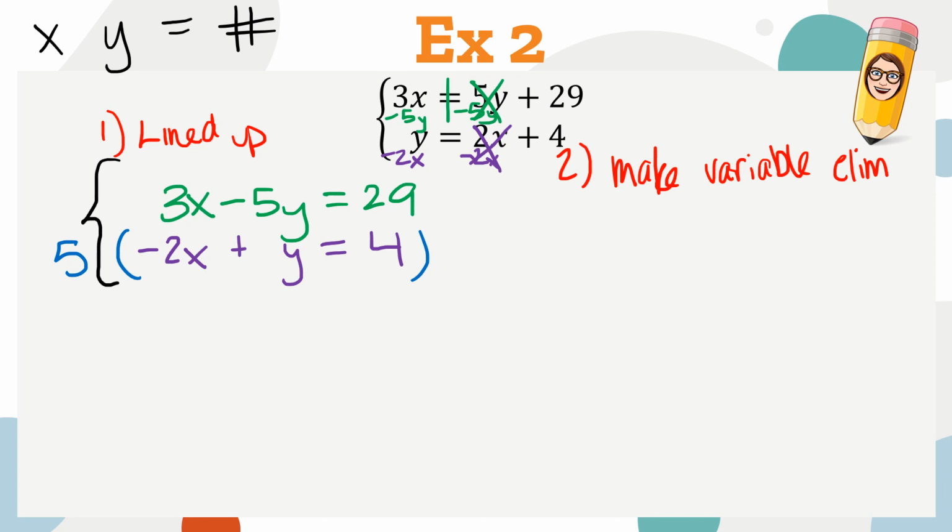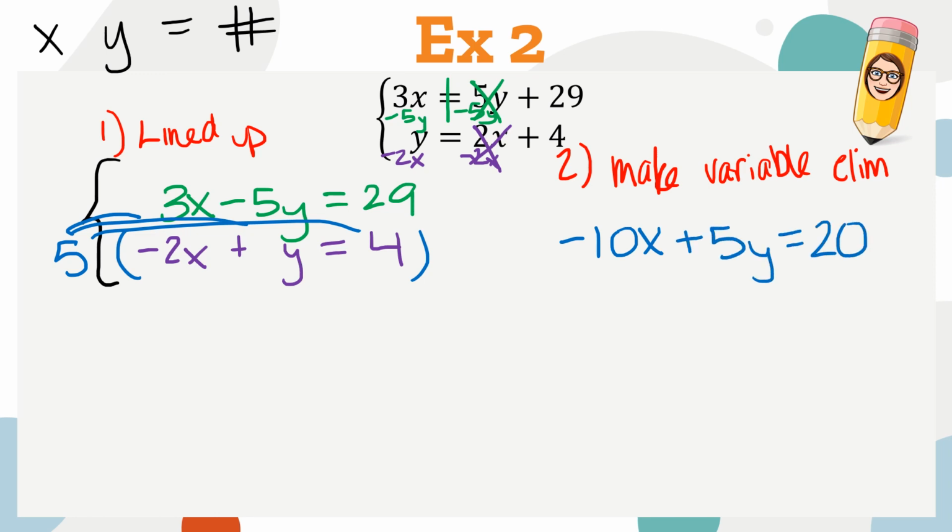Watch what happens when I do that. If I distribute the 5, I would have negative 10x, positive 5y, and positive 20. Okay, well, I'm going to rewrite that green equation here. You could write it above or below, but I just need them together. Look at that. Look at my y's. Will my y's eliminate now? They sure will.